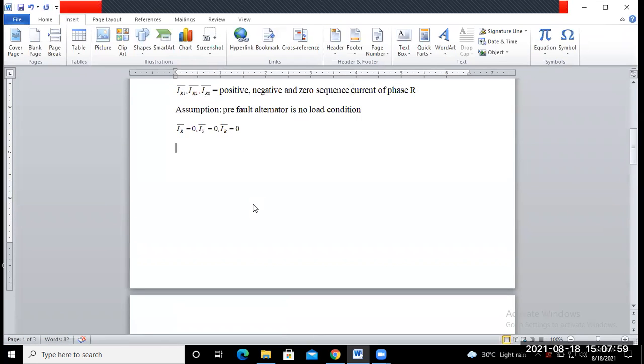But the phase voltages VR, VY, VB appear across the phase terminals.